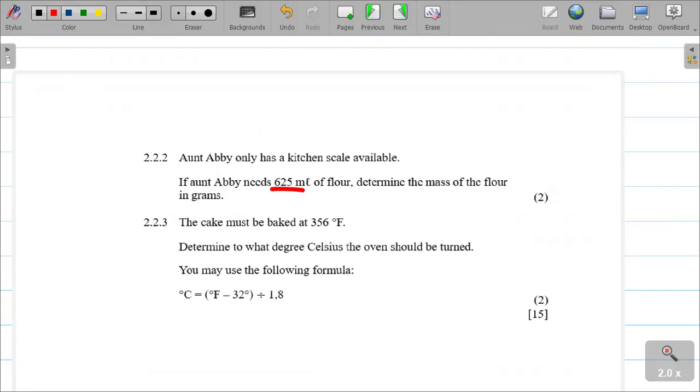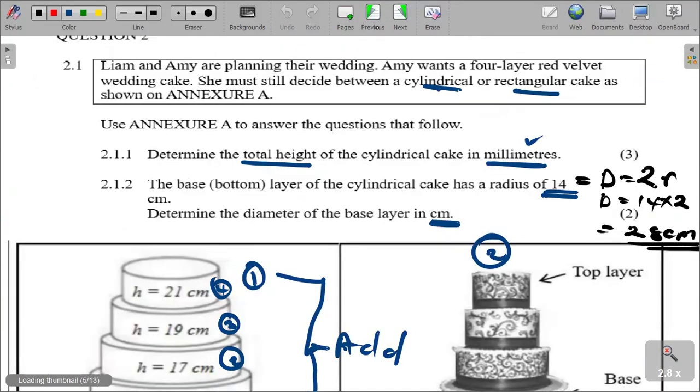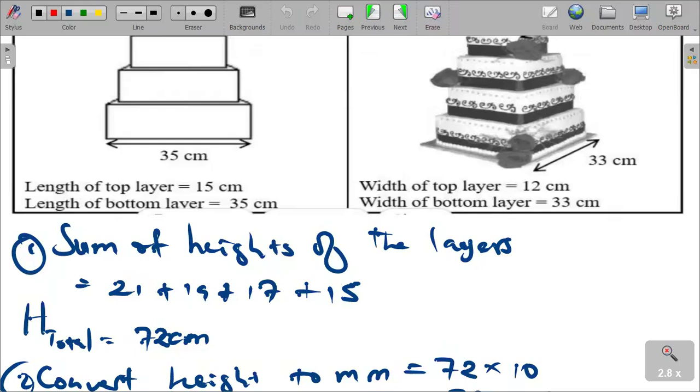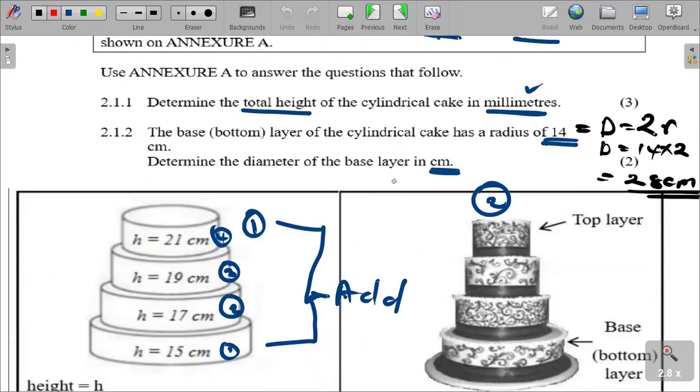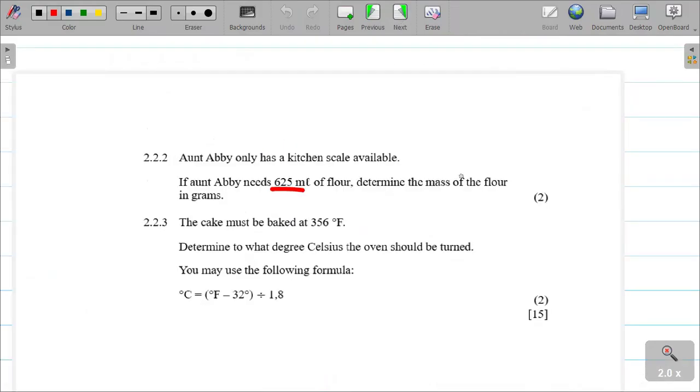The mass of the flour in grams, we need to understand that the density of flour is similar to the density of water. So 1 milliliter, the density of flour is equal to the density of water. So what are we saying?